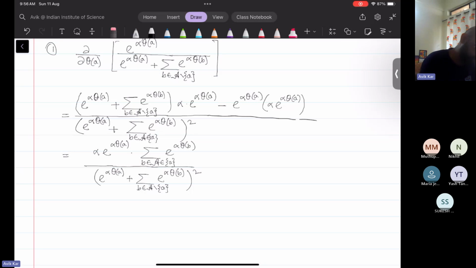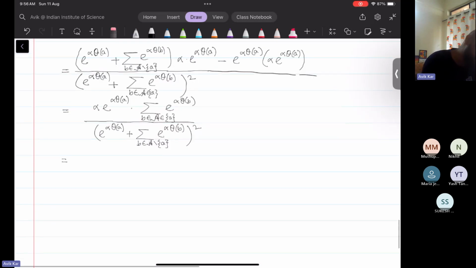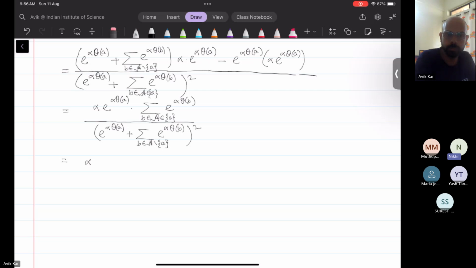Okay, so now there is a chance of going back. One question: in this term, does the numerator correspond to the arm pulled at time t? Sorry, I cannot hear you properly. Does the numerator correspond to the arm pulled at any given time in the expression for pi of theta?